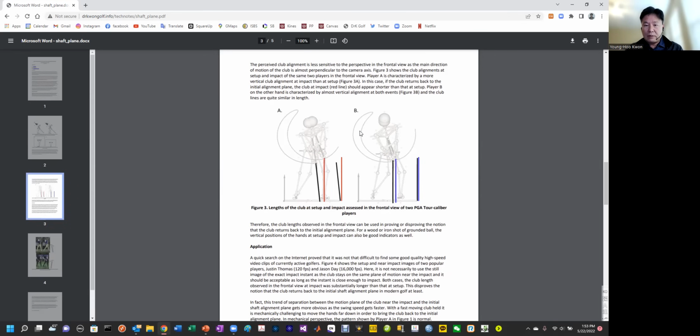This other example is an upper body driven swing, where the pelvis tends to collapse. In this one, the two lines are fairly similar in length, but at impact the blue line is still a bit longer, so there is still a slight deviation.